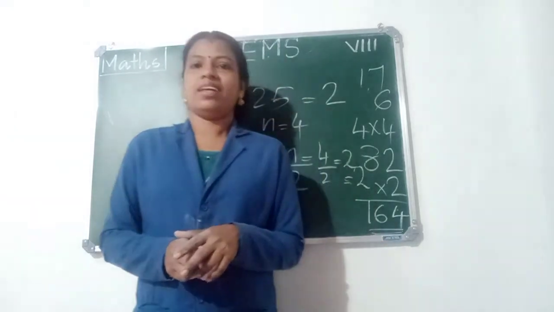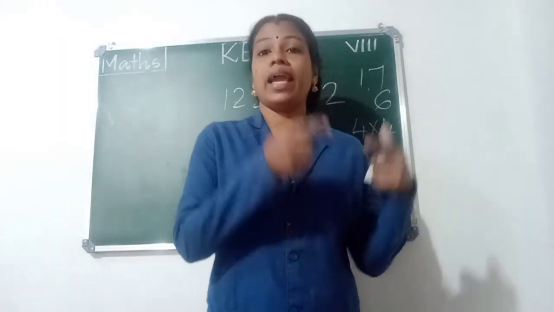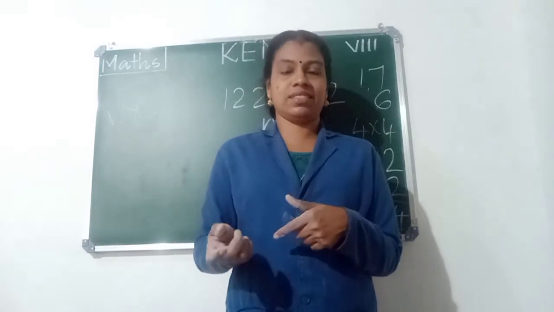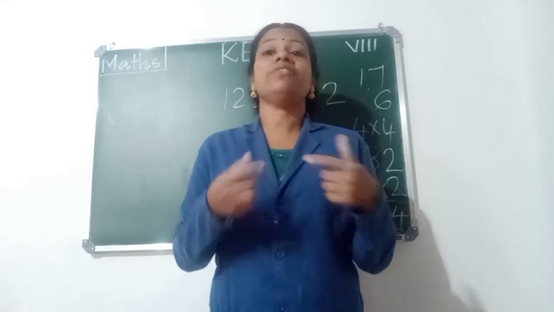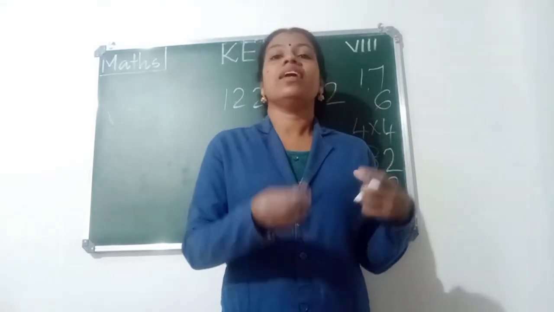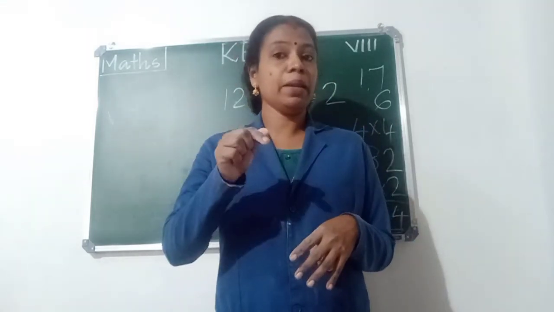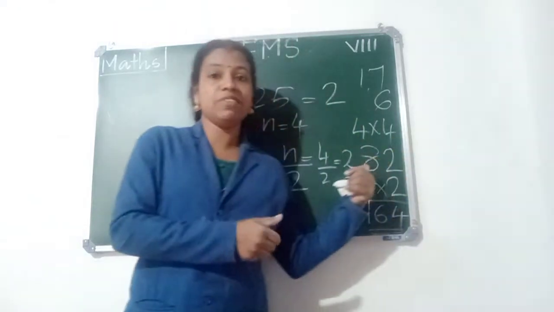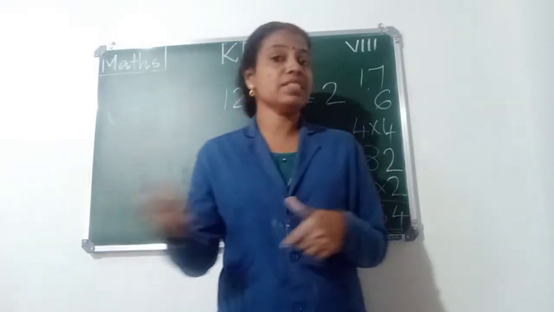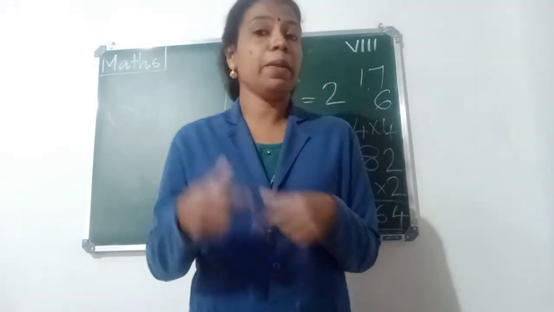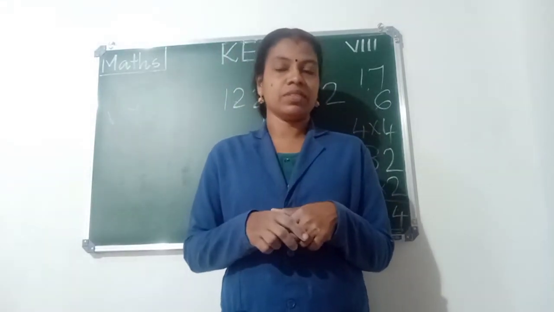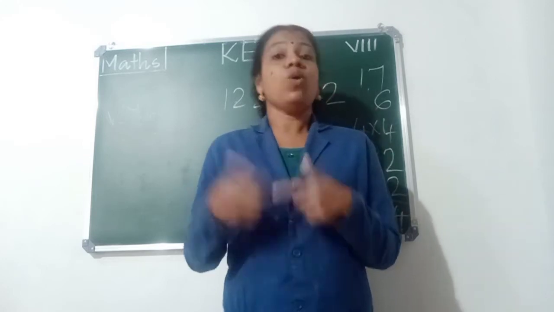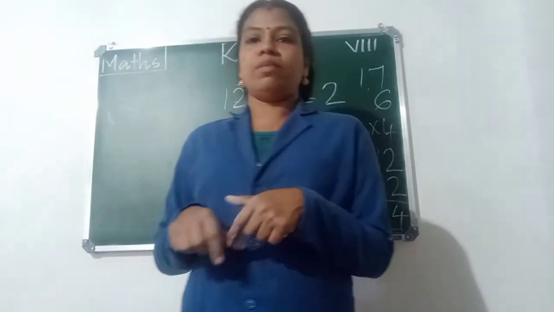If n is even, n by 2 digits. If n is odd, n plus 1 divided by 2.